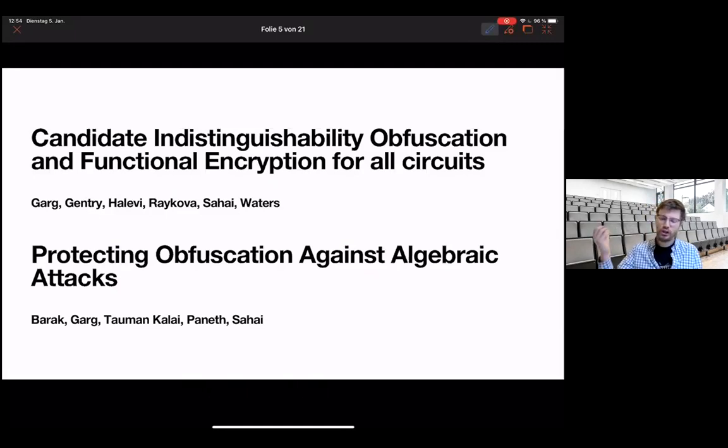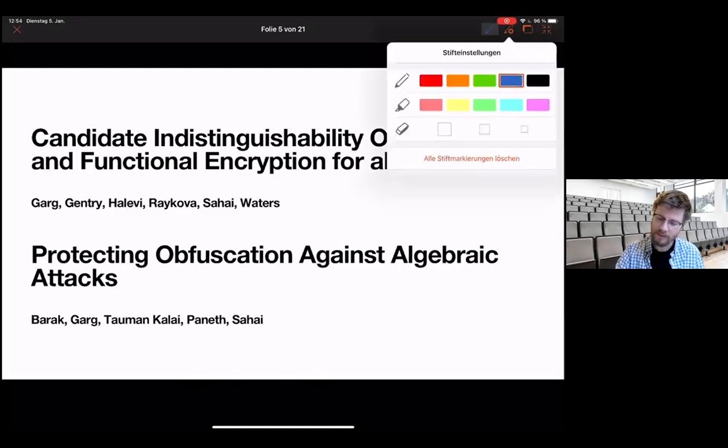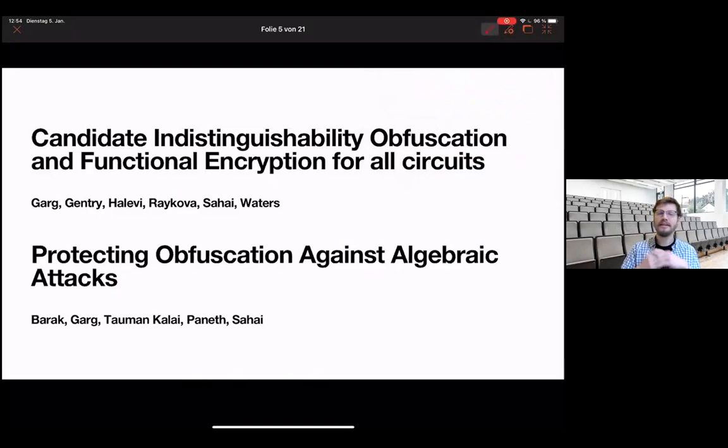So the first heuristic construction without any kind of proof. So this was just, here I have multilinear maps, I'm putting things together. This I assume, or I hypothesize, that this is a good indistinguishability obfuscator, came in this paper.